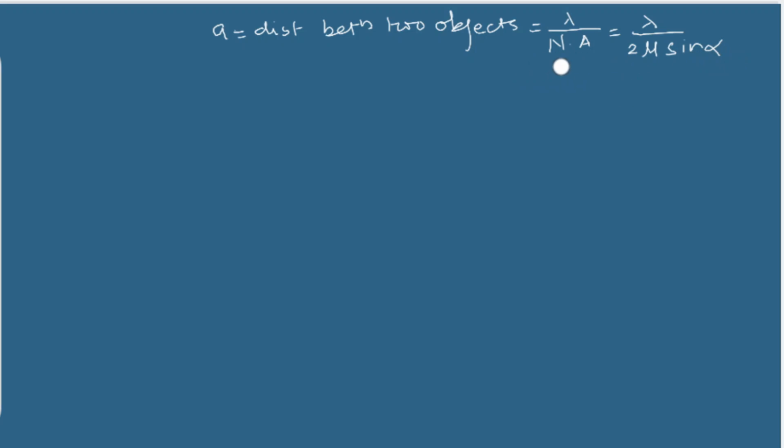It is given as A = lambda / (2 mu sine alpha), where 2 mu sine alpha is nothing but the numerical aperture. Now let us consider this thing.